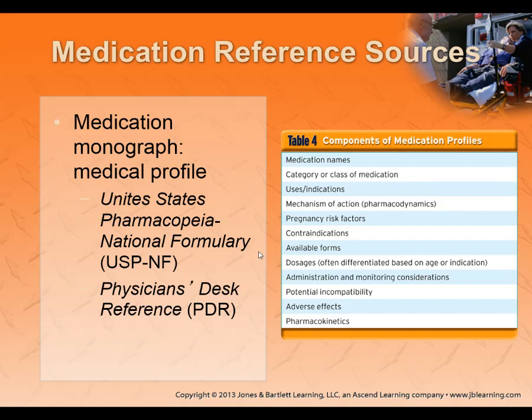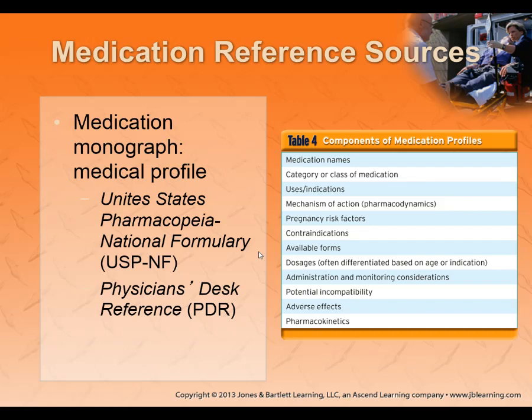It cannot be given during pregnancy, generally in the first trimester. It comes IV, IM, or PO. The normal doses are 250 or 500 milligrams a day. It should be given over 30 minutes if it's IV.